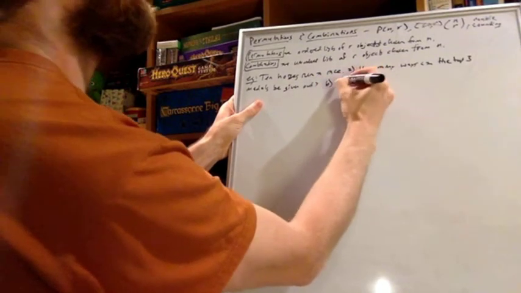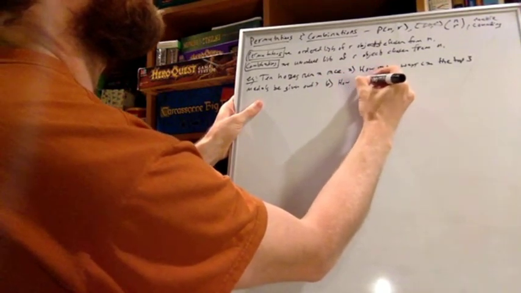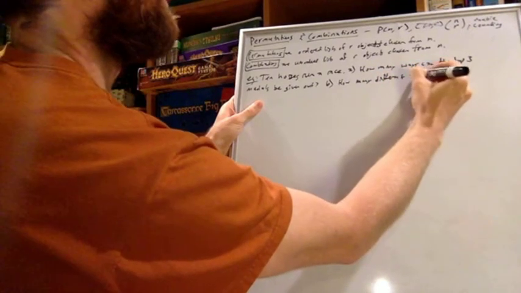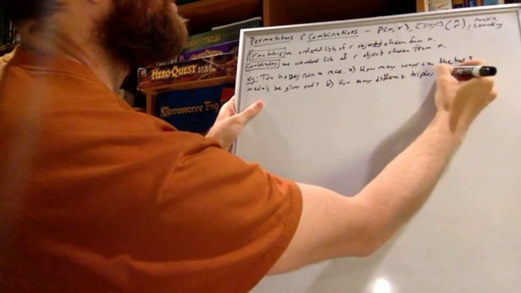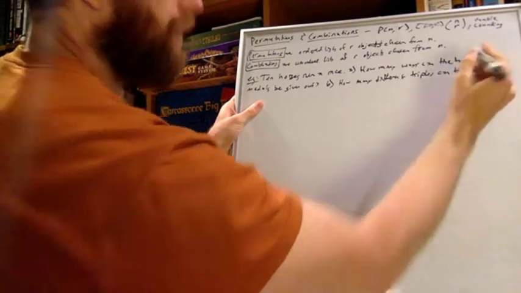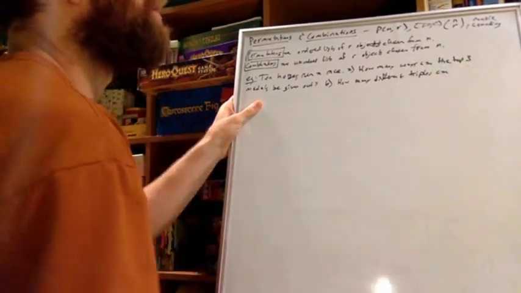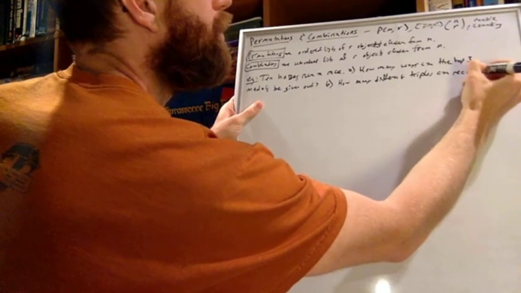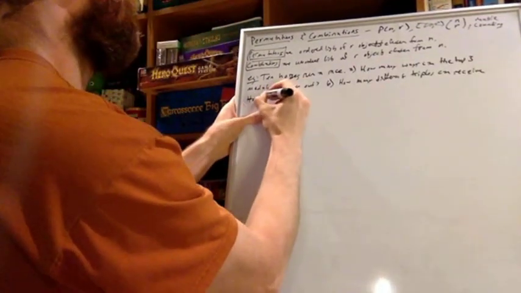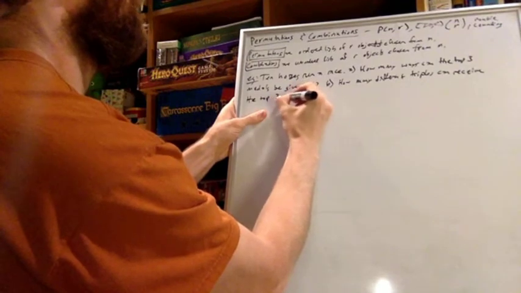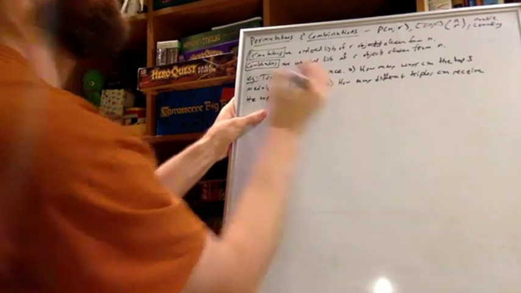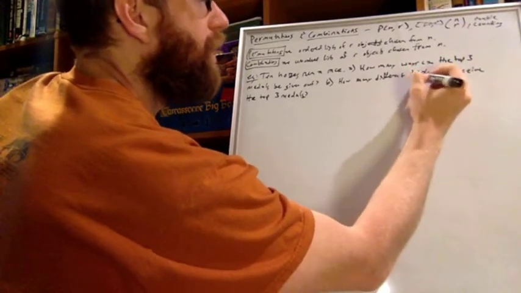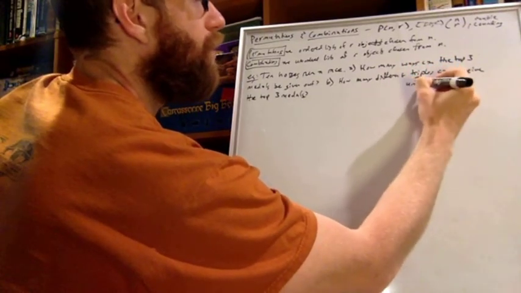And B, how many different triples can receive the top 3 medals? And let me emphasize, triples is just a group of 3. So let's just emphasize unordered.